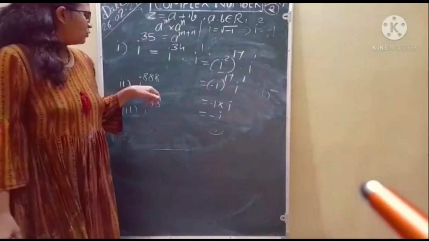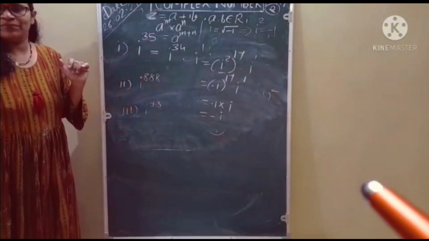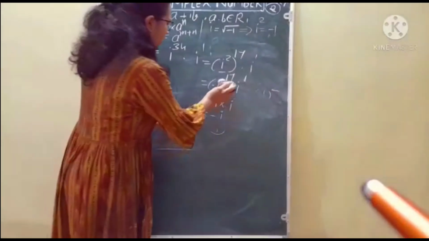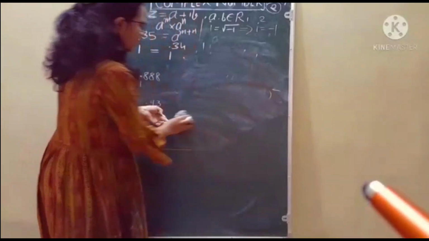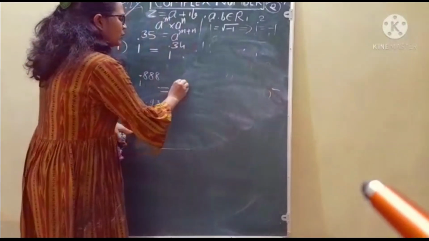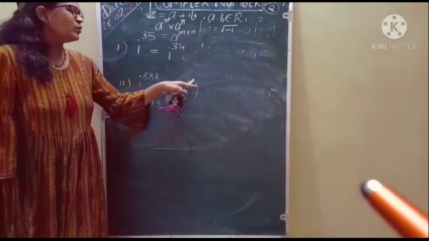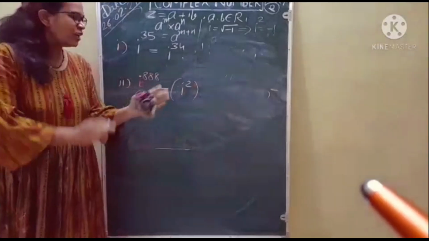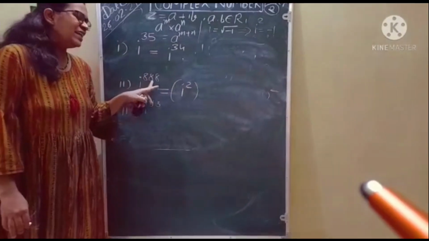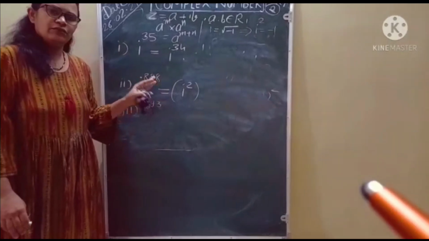So same way you have to find I to the power 888. Okay, the question is given in your textbook. It's easy to separate I to the power 888, है ना? 888 का यदि हम हाफ करते हैं तो how to write this one? I square के फॉर्म में हम नंबर को इसलिए लिख रहे हैं because we know that I square is -1. तो I square की वैल्यू -1 ली तो डायरेक्टली we can find out the answer. यहाँ पे 888 दिया है ना? तो the half of 888 is 444.